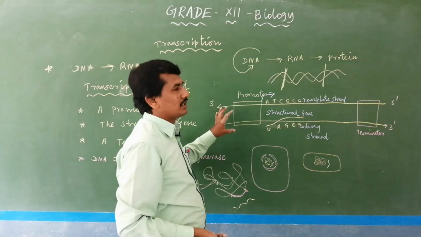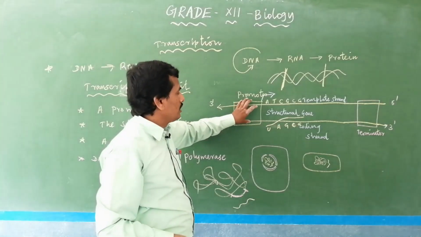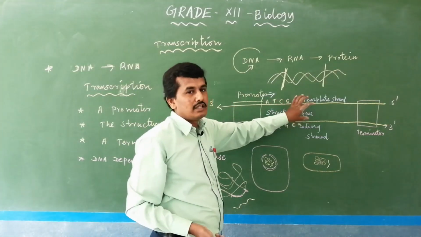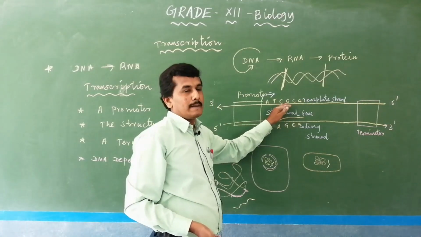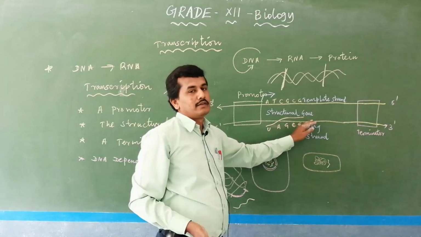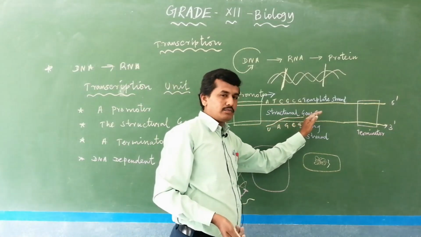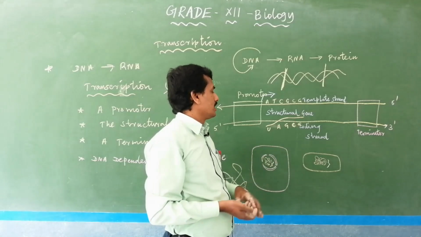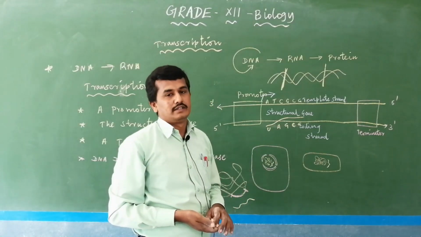The RNA polymerase enzyme binds with the promoter region and slowly moves along the DNA. Depending on the template strand, an RNA slowly forms. The slowly formed RNA is nothing but mRNA, messenger RNA.